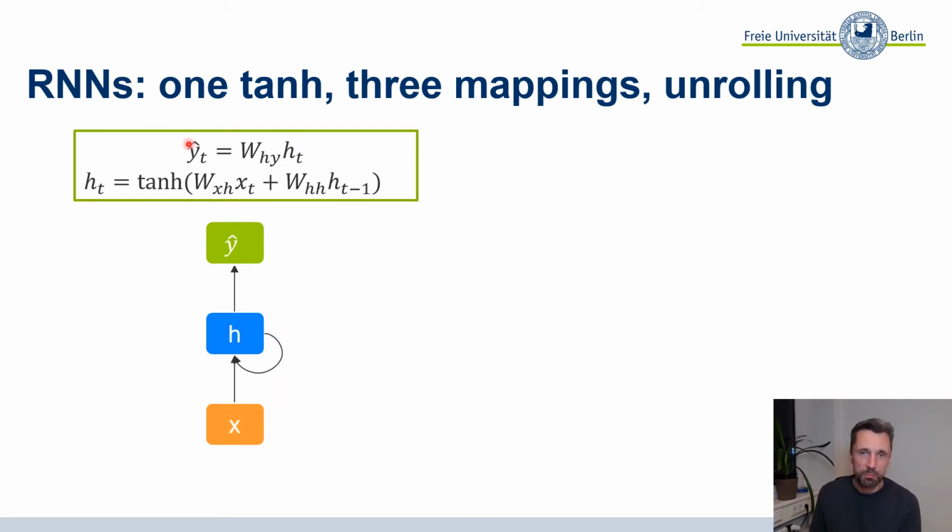So basically a set of very simple equations with three matrices mapping an input X to a hidden state H, the hidden state to an output Y hat, and another matrix that links the hidden state to the next time point.